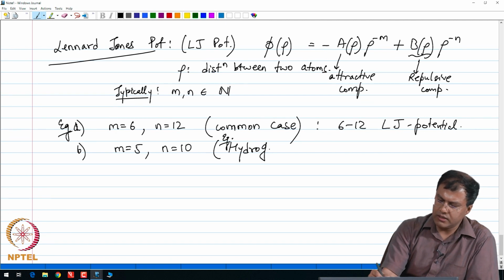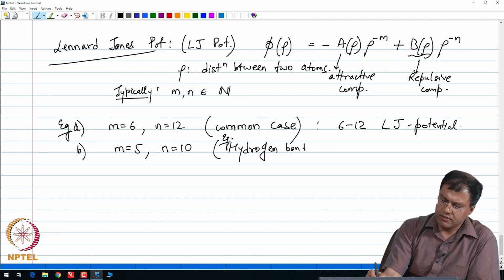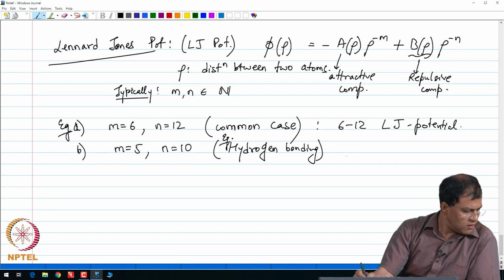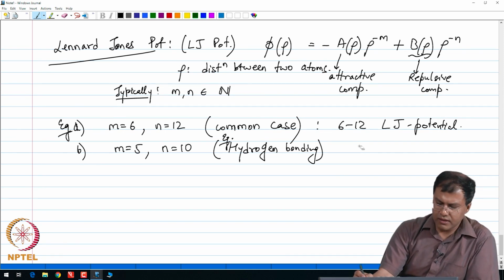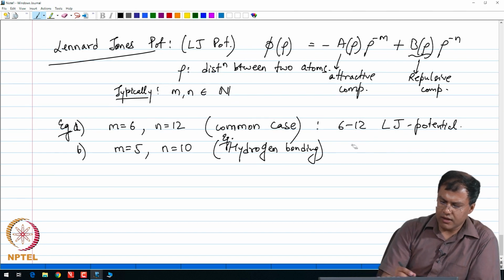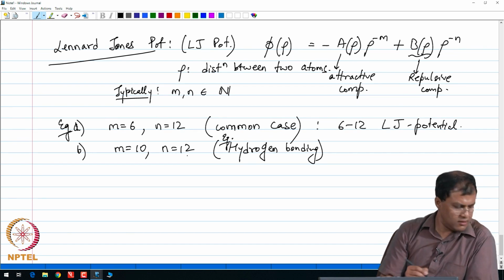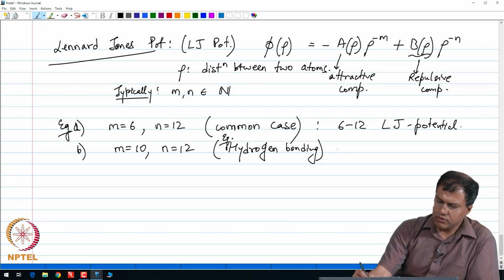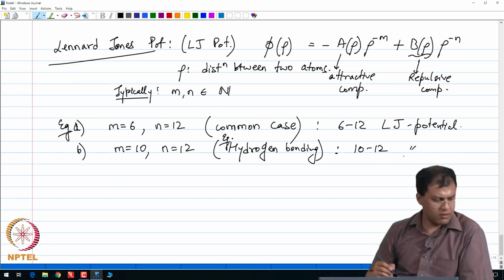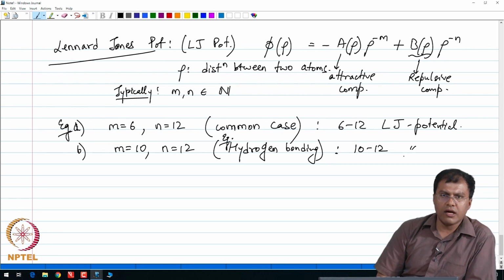Also, well, the 5-12, but for hydrogen bonding, not this 5-12, but in fact the 10-12 potential, sorry about that. So, this is the 10-12 LJ potential, okay, frequently used to model the hydrogen bonding.